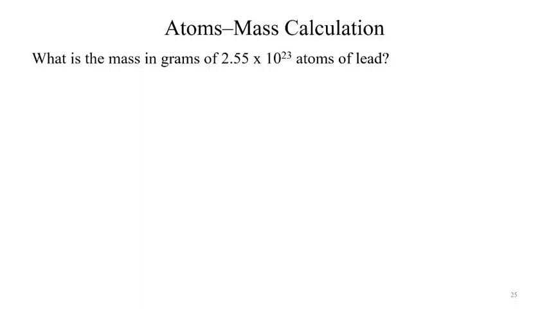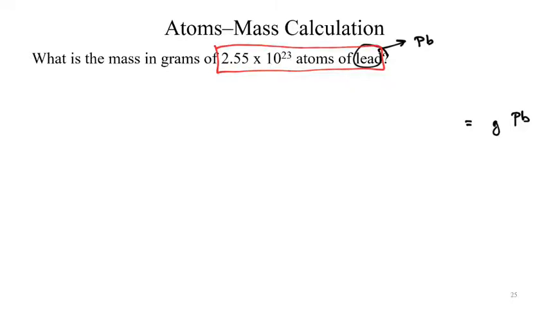What are we being asked to solve for? We want grams of lead. It's helpful if we immediately convert across into our symbols. Okay, what are we given to start with? We're given 2.55 times 10 to the 23rd atoms of lead.